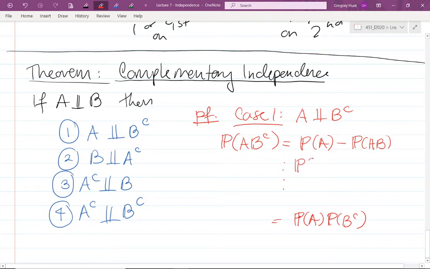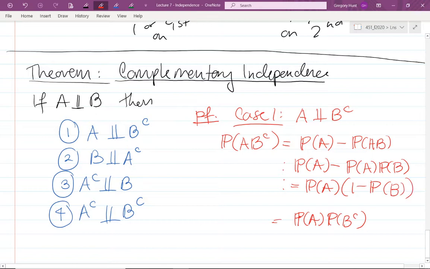And by doing that, since we know A and B are independent, we can break up that A intersect B as probability of A times the probability of B. And then we can factor out probability of A. So we get probability of A times 1 minus probability of B. And of course, 1 minus probability of B is probability of B complement.